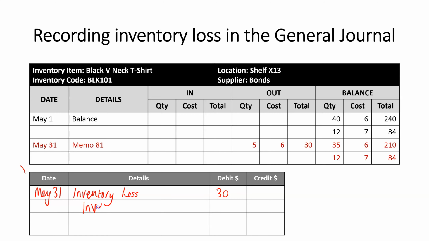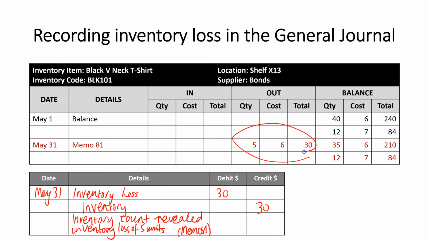We then have to reduce our inventory account by 30, and our narration would be something like inventory count revealed inventory loss of 5 units or 5 black t-shirts, whatever we want to say, and then Memo 81. So same process as identified cost, just a different way of calculating the actual inventory loss.